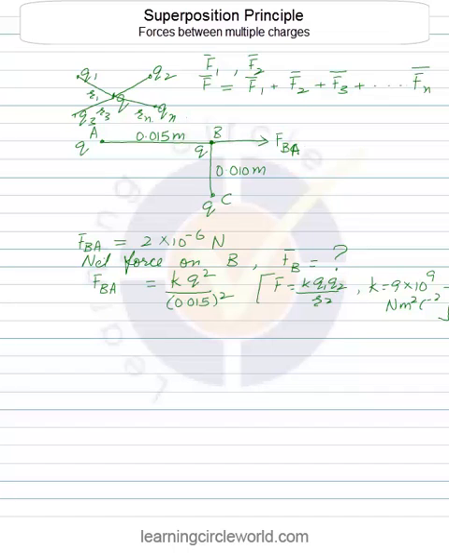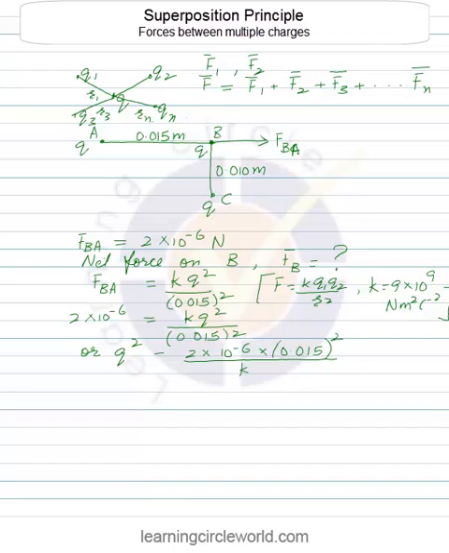So from here we can say that 2 into 10 raised to minus 6, which is the given data, is equal to K Q square upon 0.015 whole square, or Q square can be written as 2 into 10 raised to minus 6 into 0.015 whole square divided by K.